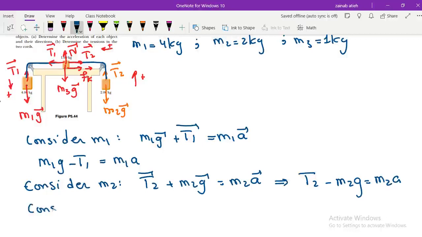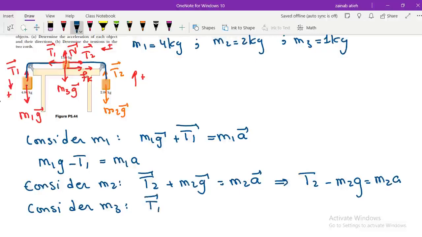Let me do Newton's second law for M3. I'm solving in a shortened way because there are many of them now, so I don't write out Newton's second law F equals MA, then the forces, then project along X and Y each time; I'm doing them in a rapid way. What are the forces acting on M3?